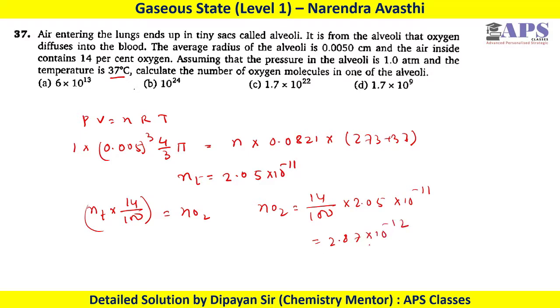Okay, so this is the number of moles, but we have to calculate number of molecules of oxygen. So finally we have to multiply this number of moles with Avogadro's number, that is 6.023 into 10 to the power 23, to have the final value, which is 1.7 into 10 to the power 12. That is option D will be the correct option.